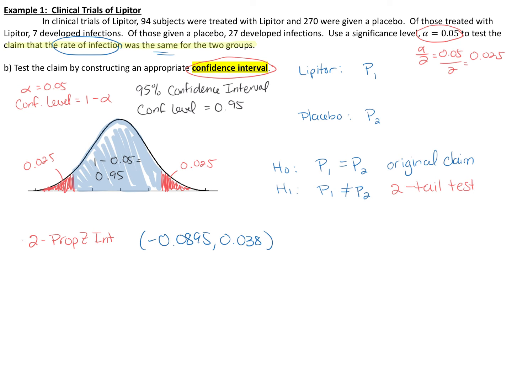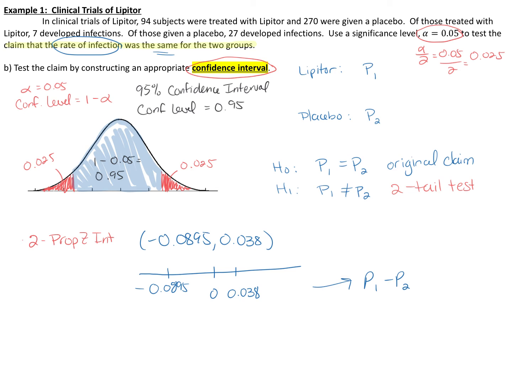So if we take a look at this confidence interval, I'm going to put it on a number line. My number line is not drawn to scale, but I just need to mark 0, and then the lower confidence limit, which is a negative number, and the upper confidence limit, which is a positive number. And so what this confidence interval says is that we are 95% confident that the difference between the infection rate of the two groups is somewhere between negative 0.0895 and 0.038.